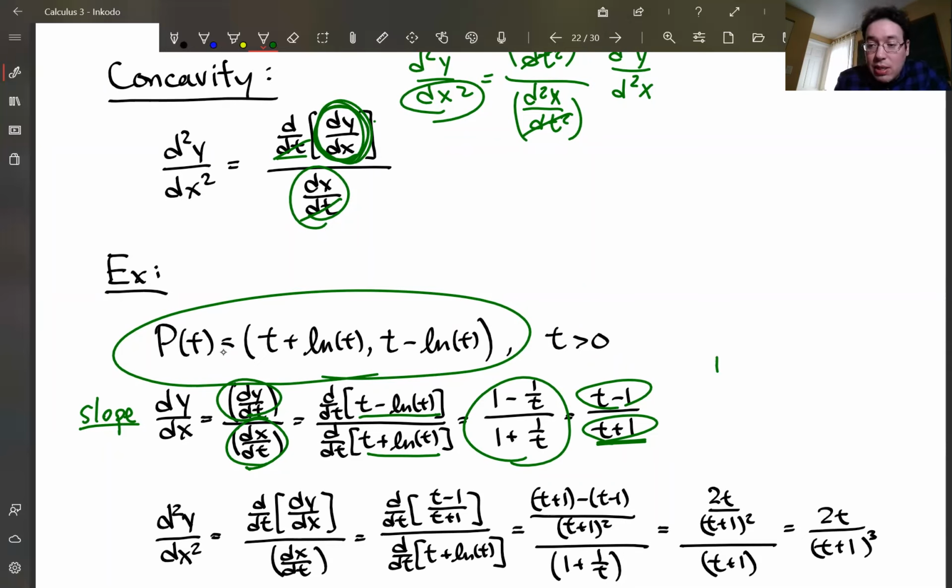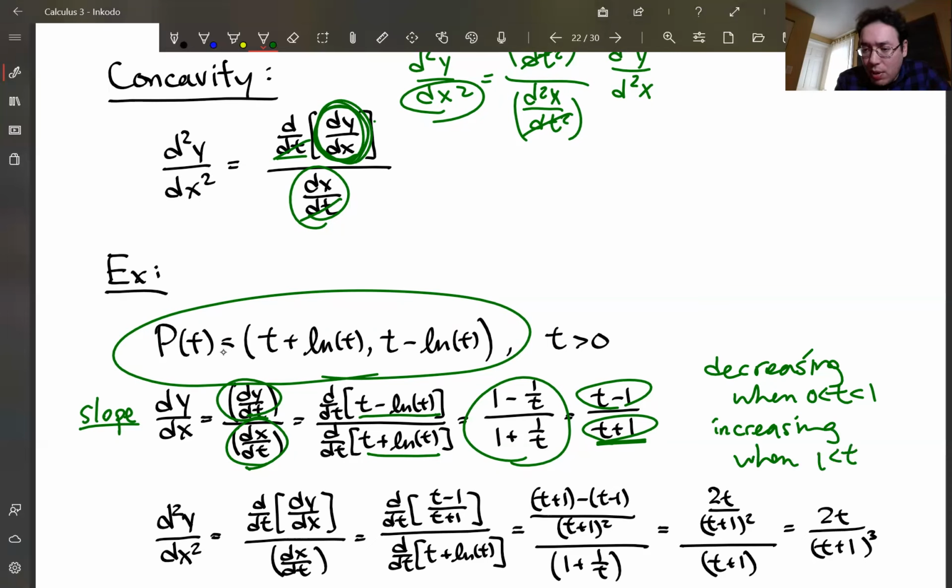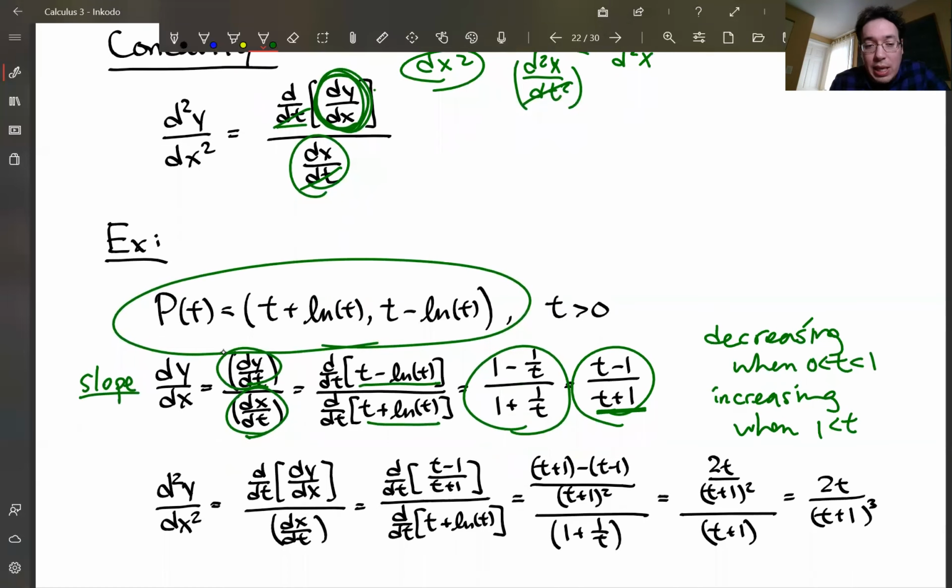So it is decreasing, or the slope is negative, when t is between 0 and 1, and the slope is positive when t is greater than 1, because that's what determines the sign in the numerator. Okay, all right, so that is the slope at a particular time, the slope of the tangent line.